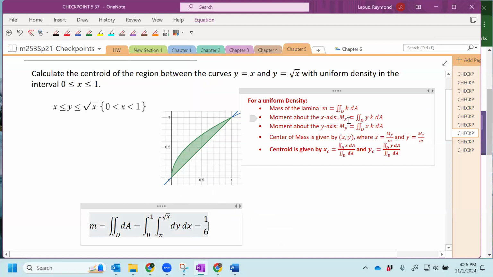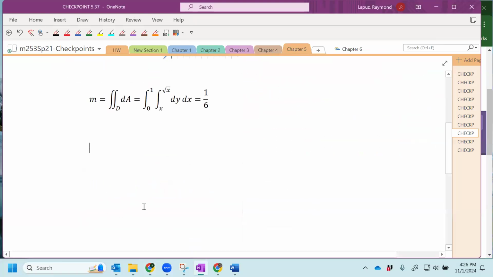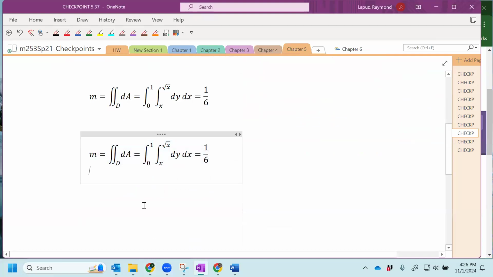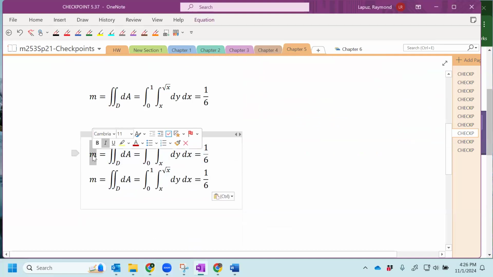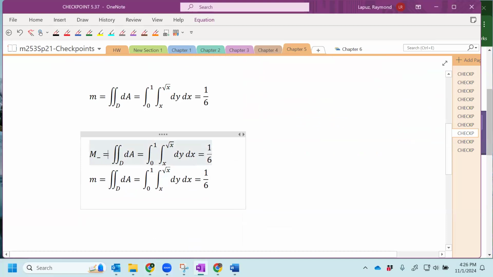Let's get everything set up. M sub x is going to be equal to this thing with a y in it. Again, there should be a k here, but the k's will cancel in our centroid problem, so I'm just going to choose to ignore that.